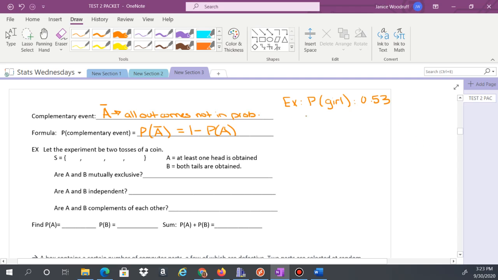Okay, what is the complement of that? So you would say P girl with a line over it. Basically, not girl. Well, that would be 1 minus 0.53, which would give us 0.47.